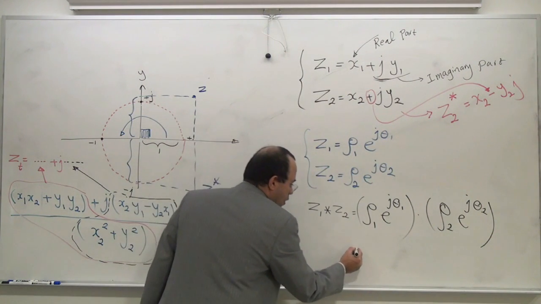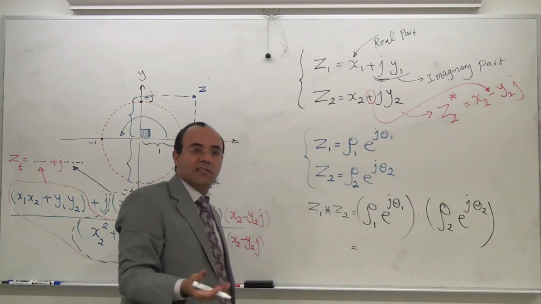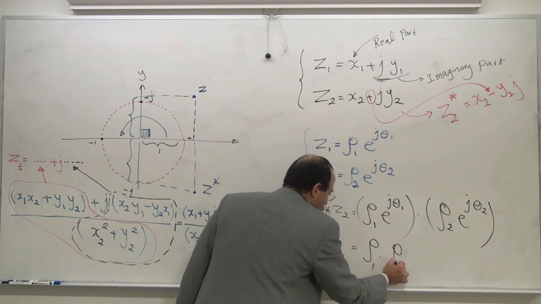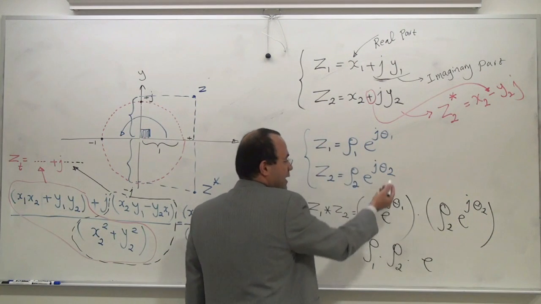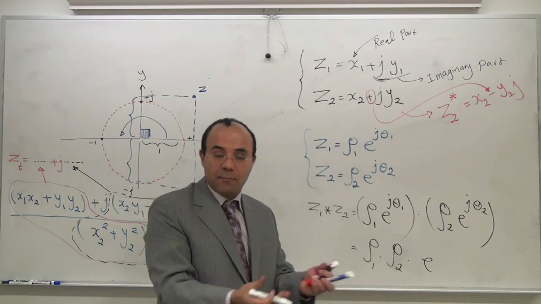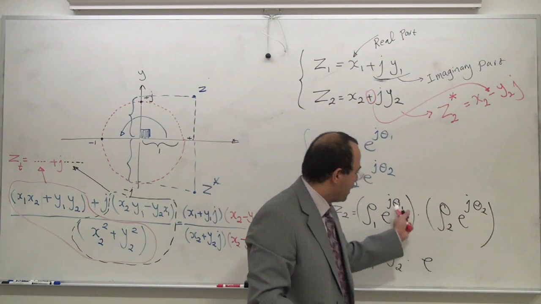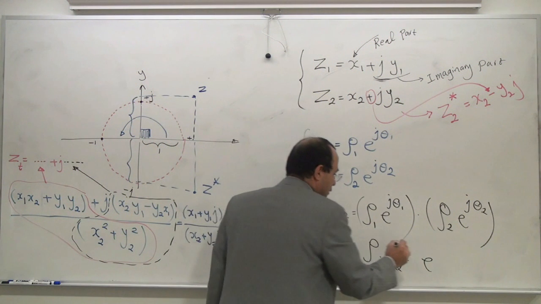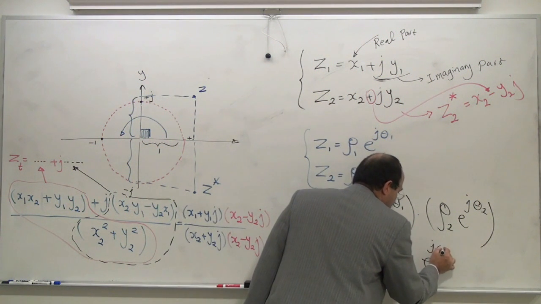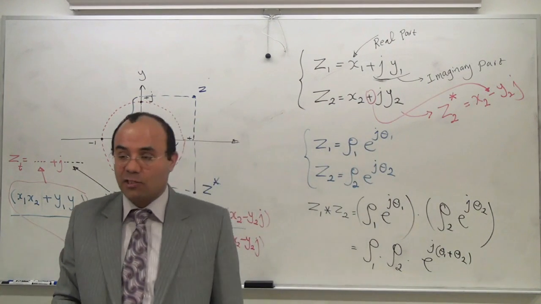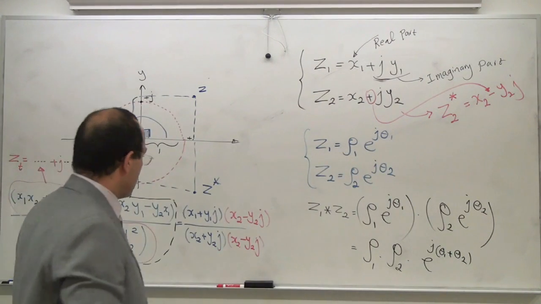Rho 1 and rho 2 are just nice little real numbers. So it's going to be rho 1 times rho 2, times e to the sum. Basically, you just have the base the same. E and E are the same. All you have to do is add up the power. So it's going to be j (theta 1 plus theta 2). Wasn't this a lot easier than the multiplication I just showed you in Cartesian mode?